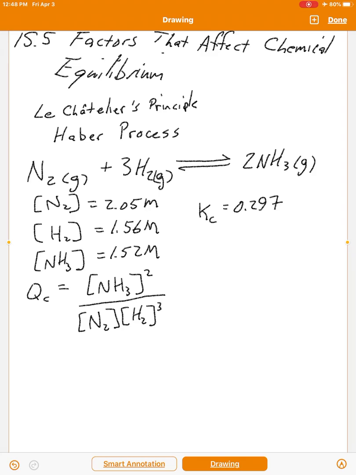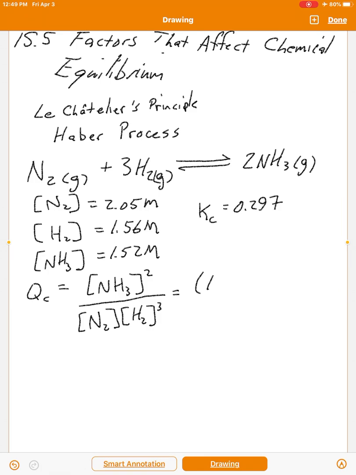All we need to do is substitute in these three values, and that will tell us whether we're close to 0.297 or not. Remember, equilibrium constants and reaction quotients don't have units, so even though the concentrations are in molar, we're not going to indicate that.